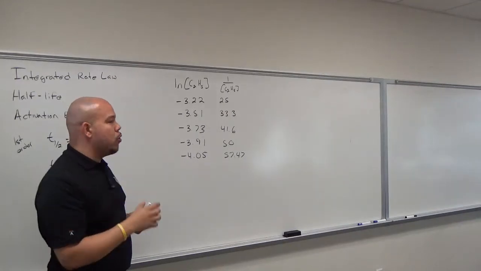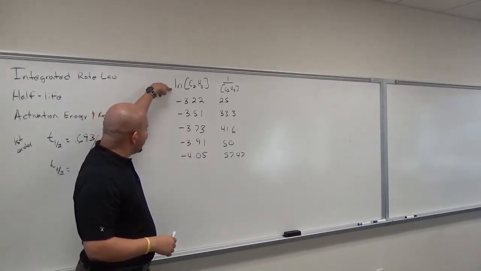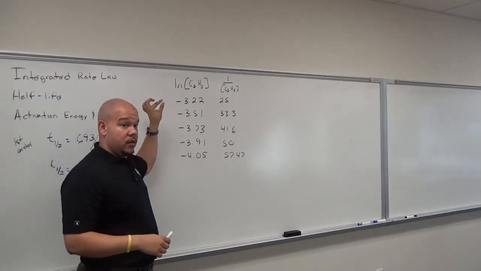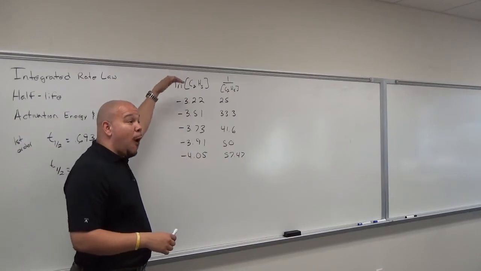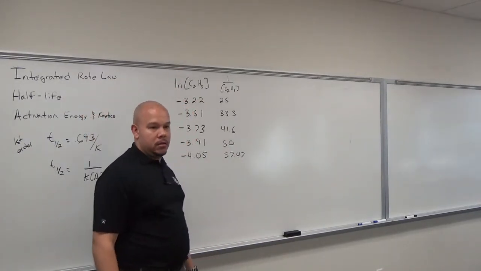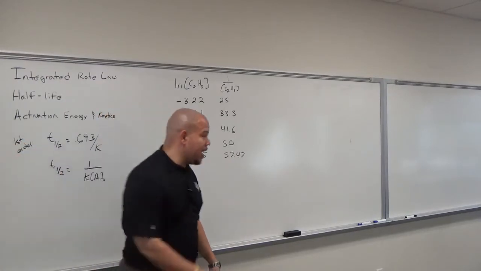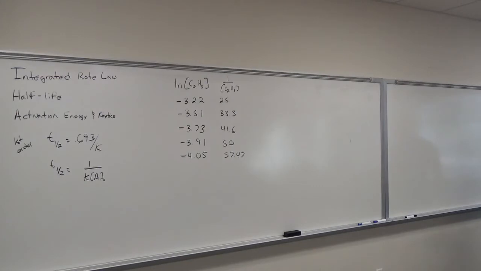Fill in the table is asking you to just mathematically take the natural log of the value to the left and then take 1 over the value to the left. These are the y-axis variables on both of the plots that we need to make. All of these plots that you've seen up until this point are the same as what we're about to do. So we're about to make these two plots.